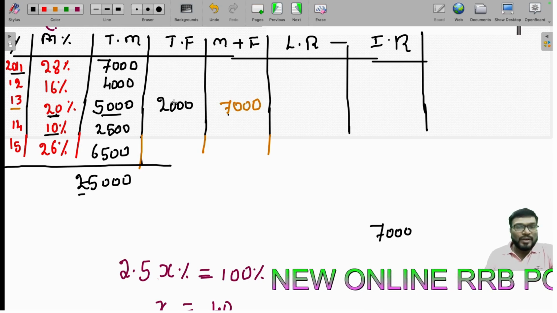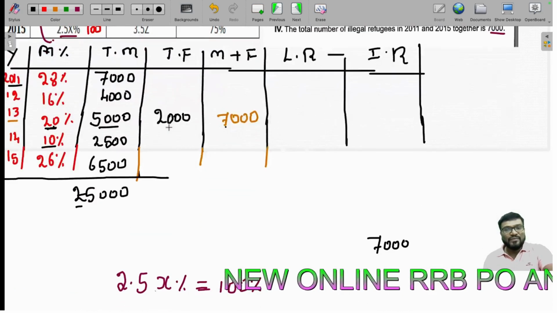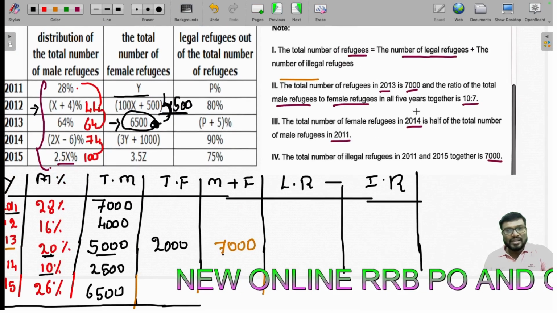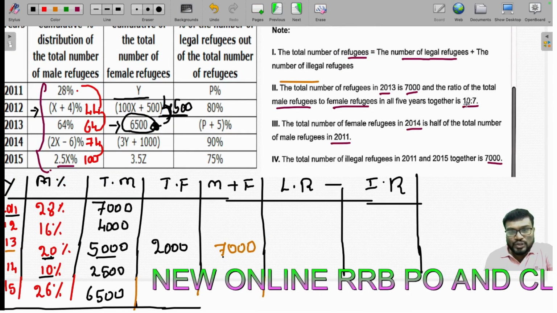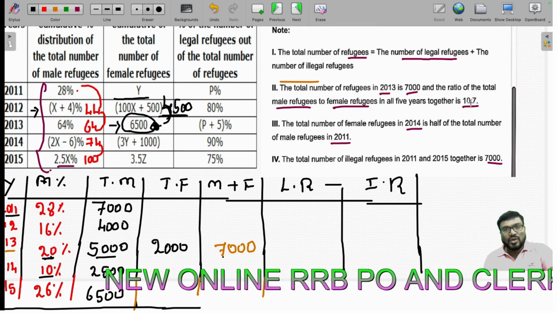Then how to find out total females? Here we have data: the ratio, total males are 10, total females are 7.